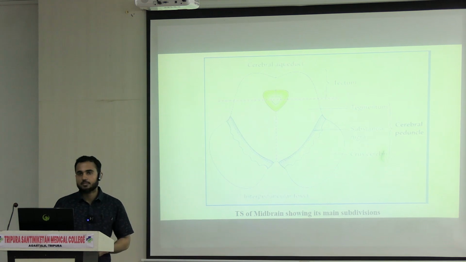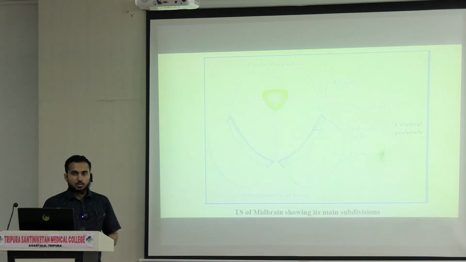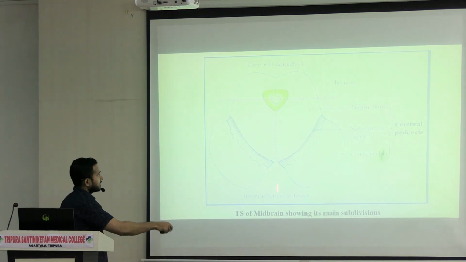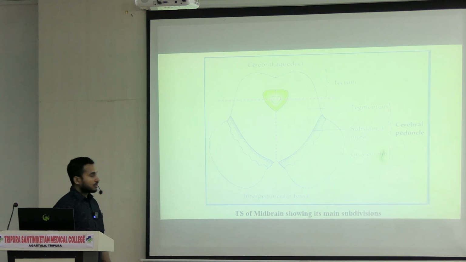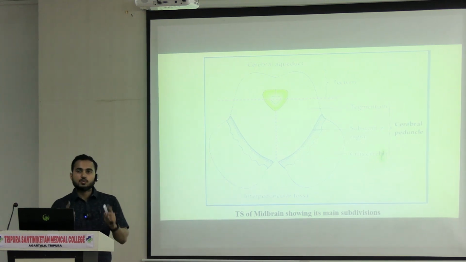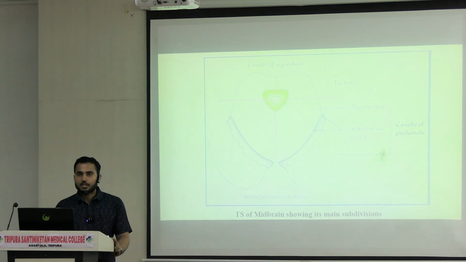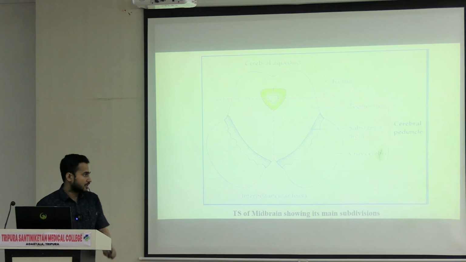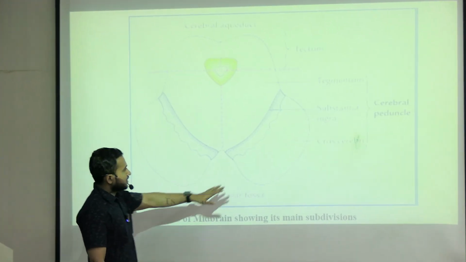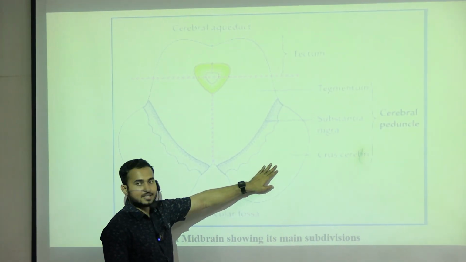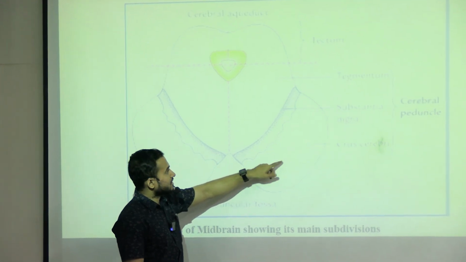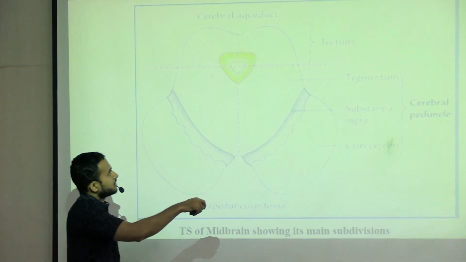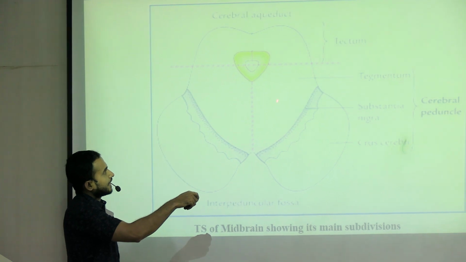This is the diagram, a very simple diagram. This is the anterior aspect, this is the posterior aspect. As I said, two cerebral peduncles are there. Now these cerebral peduncles are made up of three components. First of all, anteriorly you are getting the crus cerebri. Next, if you go posteriorly, then you are getting the tegmentum.